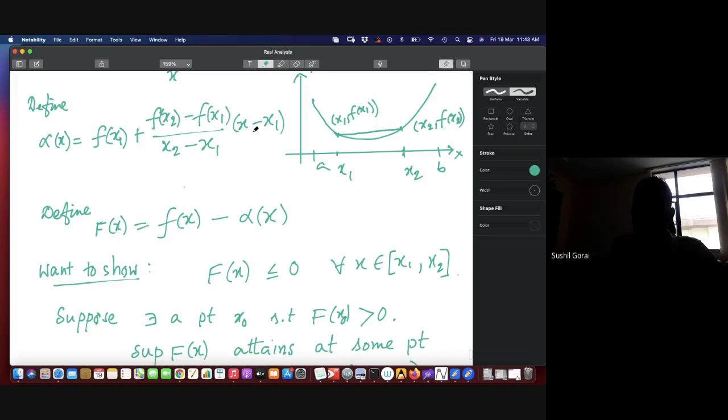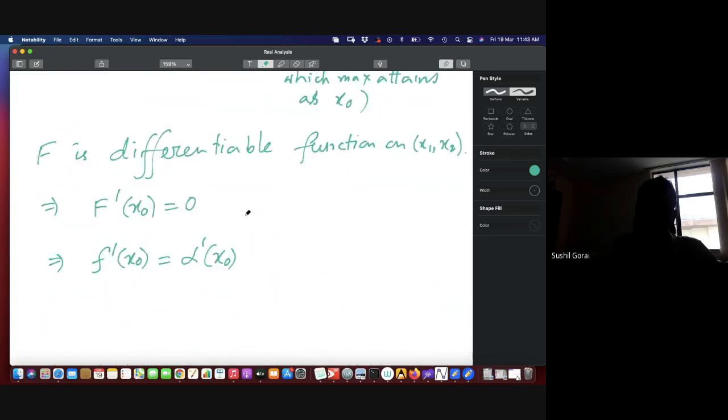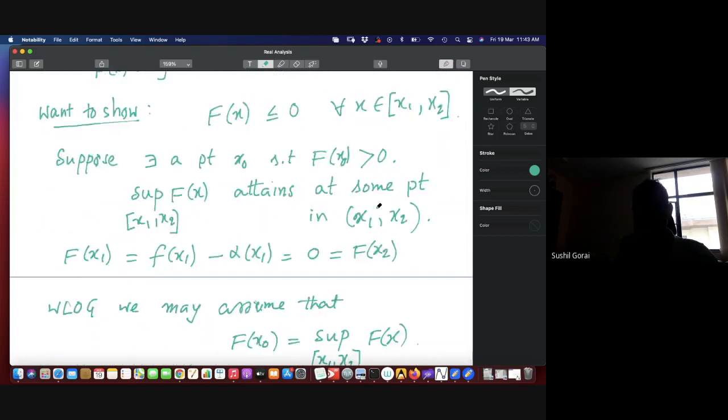And here x minus x1 is there, so x will contribute to the derivative. So this derivative will be f of x2 minus f of x1 by x2 minus x1, right? Is this fine?